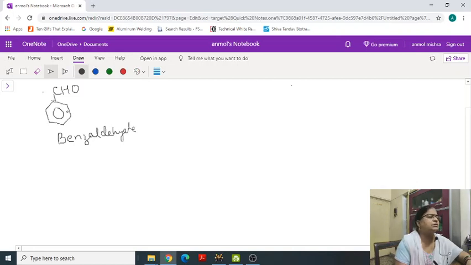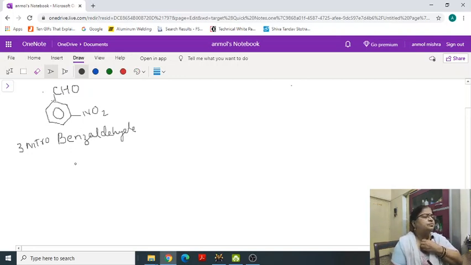And if a nitro group is present at the third position, it will be named 3-nitrobenzaldehyde.